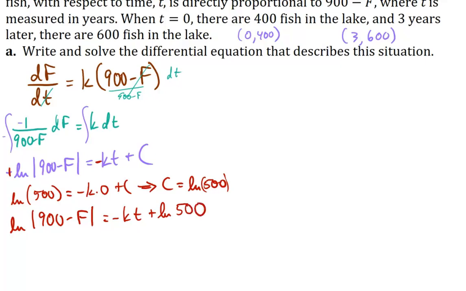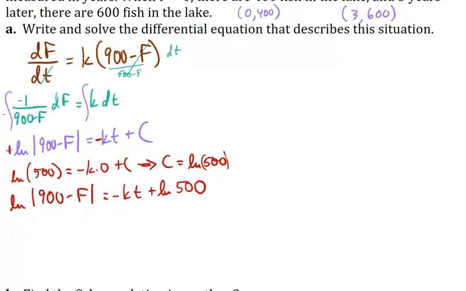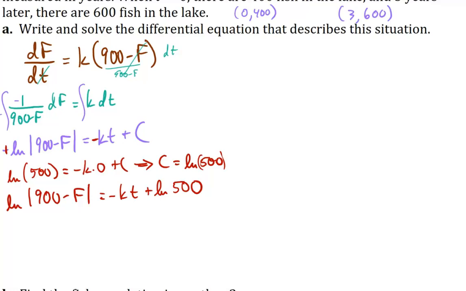And now I still have another variable that I need to solve for, and that's the k. So I'm going to solve for k using the ordered pair 3, 600. So natural log of, plugging 600 into here gives me a 300, equals negative k times 3 plus natural log of 500.